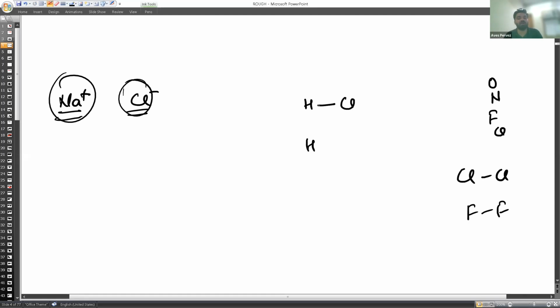The chlorine atom will attract the hydrogen's electron towards itself and become slightly negative, and the hydrogen becomes slightly positive. That's why HCl, when added to water, can easily be separated out. The oxygen of water attracts the hydrogen of HCl, and the hydrogen of another water molecule attracts the chloride ion.